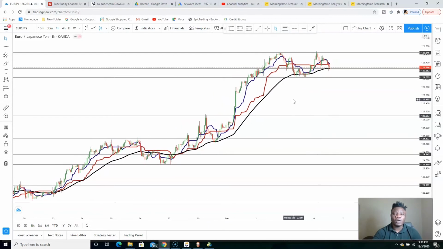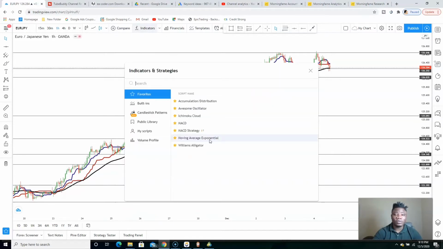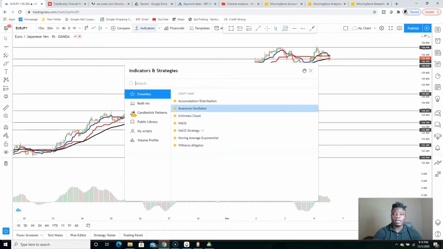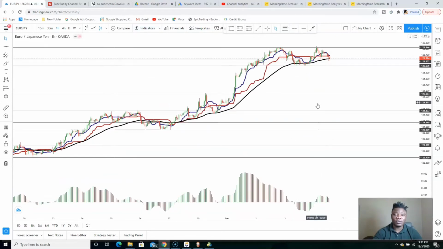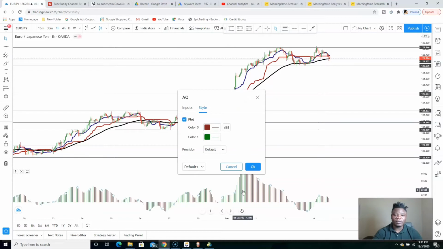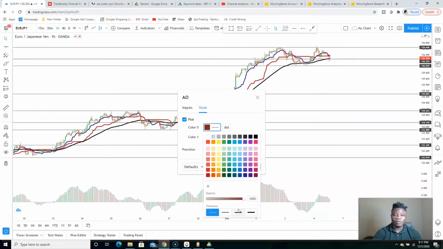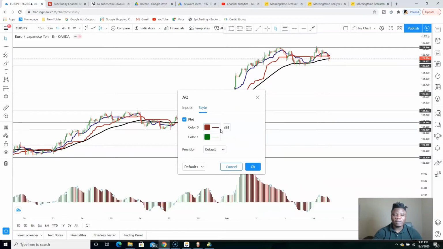Now we're going to add the final indicator. The final indicator that we're going to add is actually the awesome oscillator. That's the final indicator that we're going to add, and we have to change the thickness just so you guys can see it.